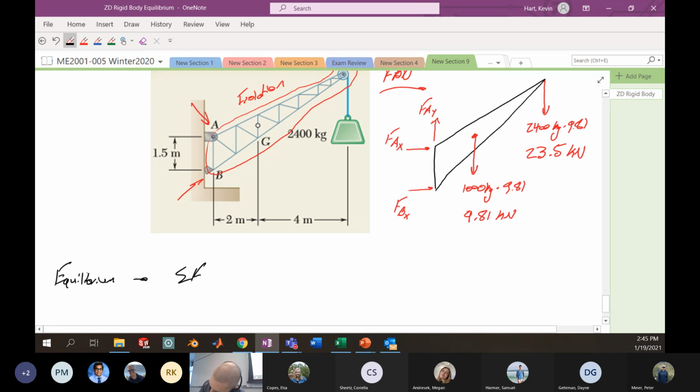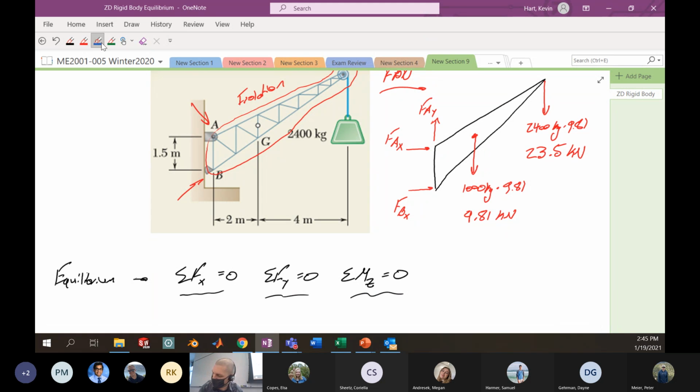So I'm going to do something like sum of the forces in x equals 0, sum of the forces in y equals 0, and sum of the moments in z equals 0. And here I have my three equations, 1, 2, 3, and I'm going to have three unknowns in this situation, 1, 2, 3. And so I'm ready to go.